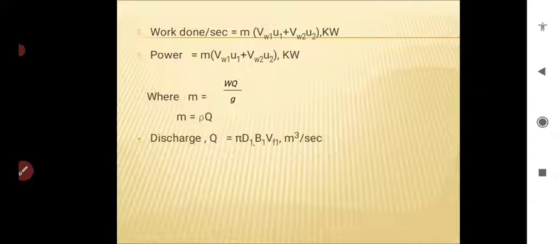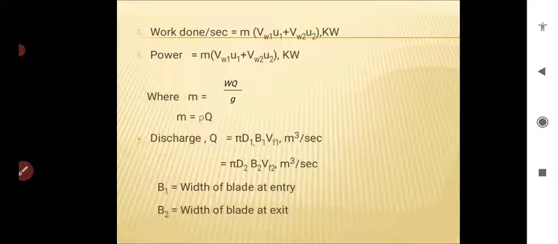The discharge Q is equal to pi D1 B1 Vf1 meter cube per second at inlet, and pi D2 B2 Vf2 meter cube per second at outlet. B1 is the width of the blade at entry, B2 is the width of the blade at exit.